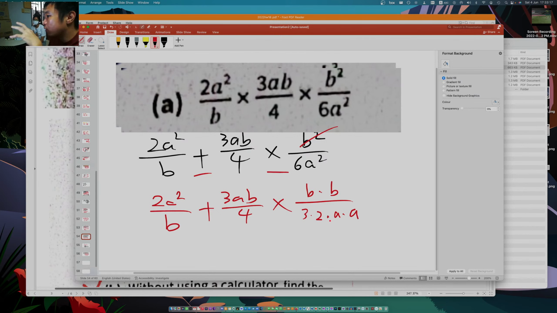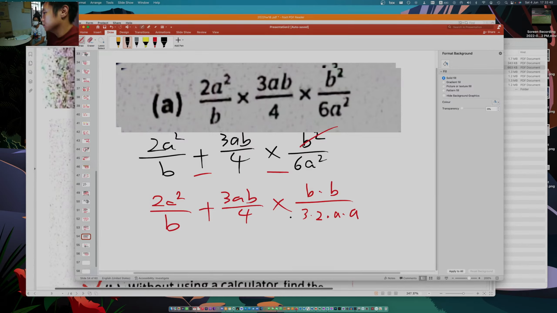By the way, you can cancel only for times, or divide. I already discussed that. Divide is actually times. So you can only cancel up and down for times. Divide is also times. So you can only cancel for times and divide. Therefore you can only cancel for these two.